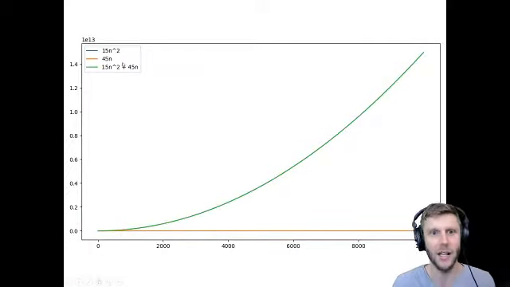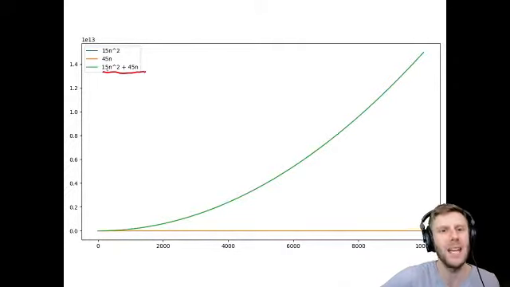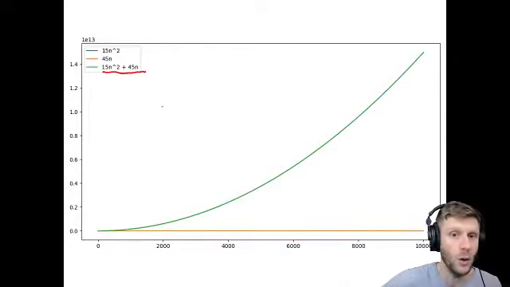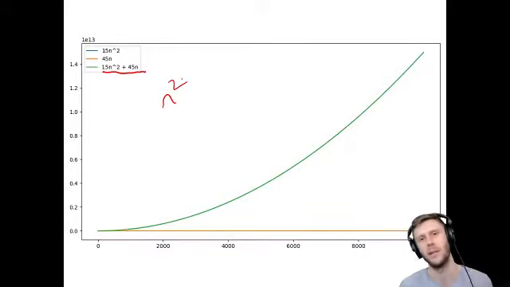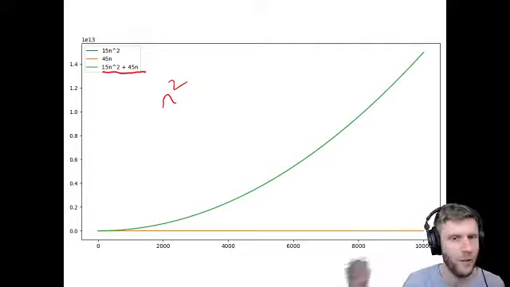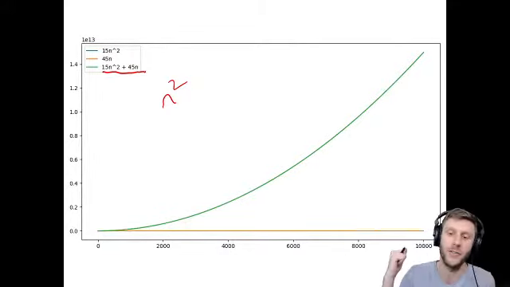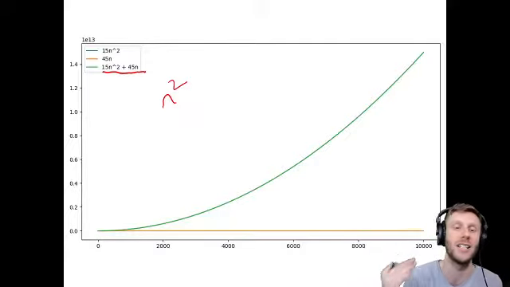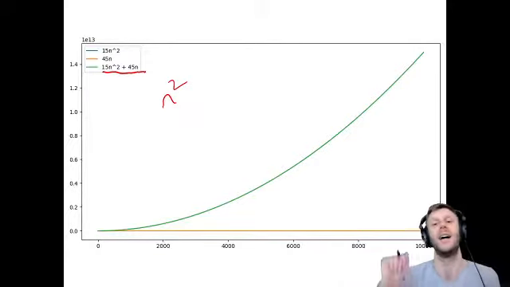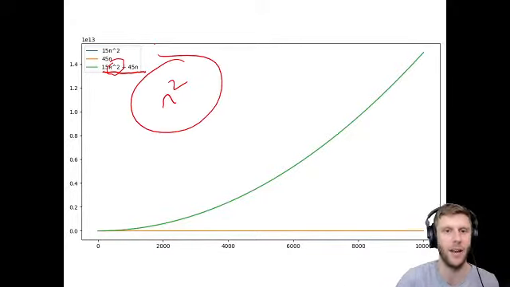Here, this whole expression, I say that this whole expression grows just like n squared. Even though you're like, well, hold on, there's the 15 and then there's the plus 45n. Those things are so inconsequential and don't matter for the sake of how it grows that we only care about this bit. So we look for the heaviest bit and then we're like, aha, there we go. That's it.